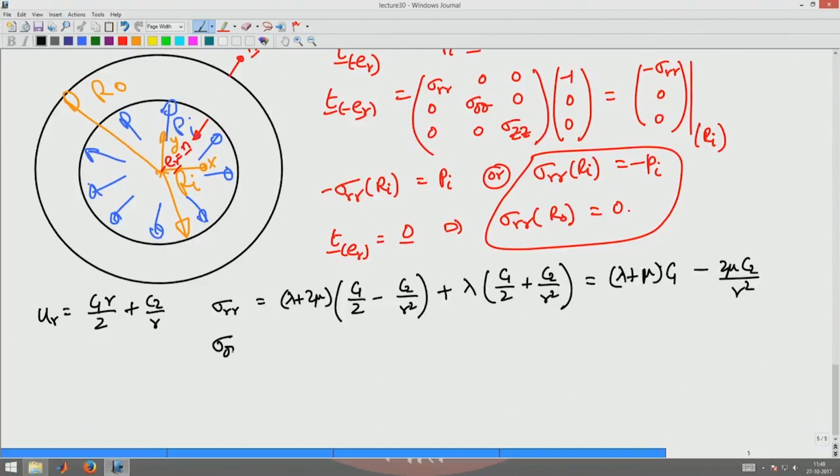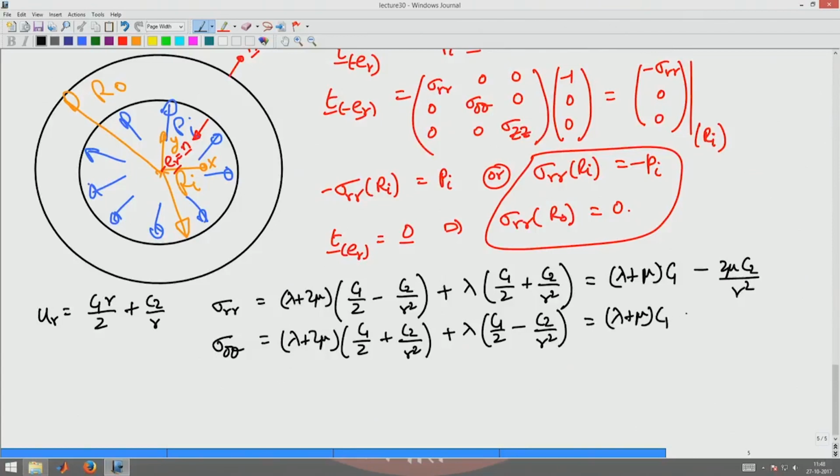Similarly, the expression for sigma theta theta becomes lambda plus 2 mu times C1 by 2 plus C2 by r square, plus lambda times C1 by 2 minus C2 by r square, which can be written as lambda plus mu times C1 plus 2 mu C2 by r square.